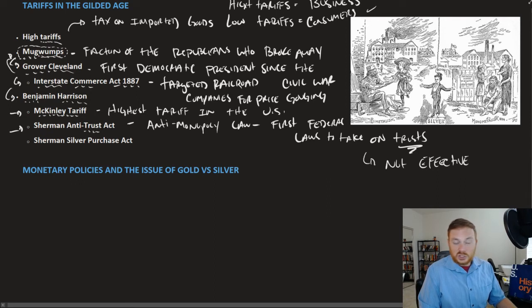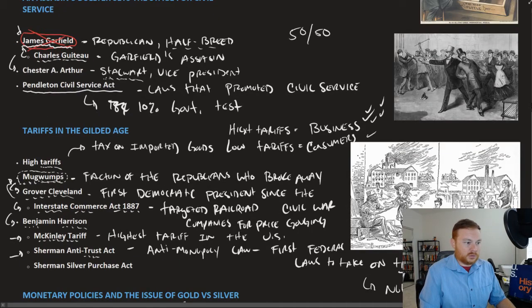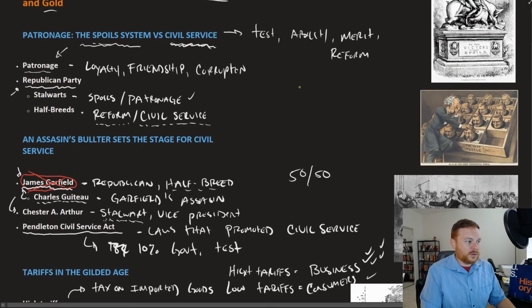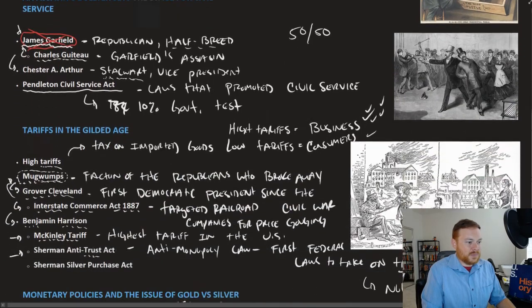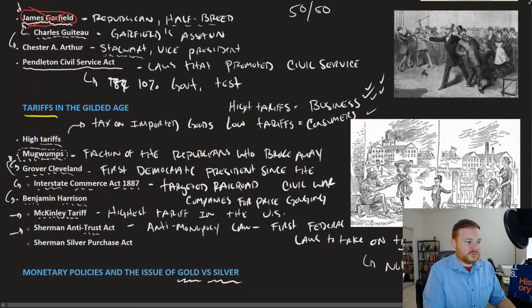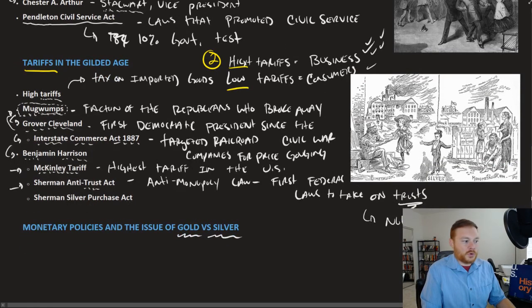So the last issue during the Gilded Age, politically speaking, was gold versus silver. Again, the three big political issues of the day were, first, spoils versus civil service. The second major issue is tariffs, so high tariffs versus low tariffs. The third major issue is gold versus silver.